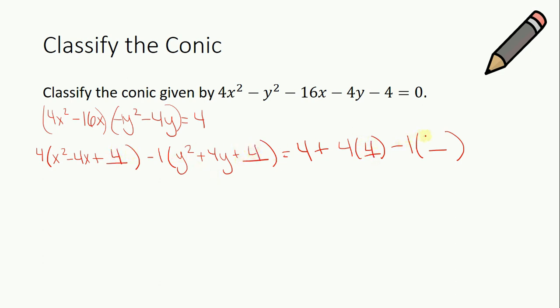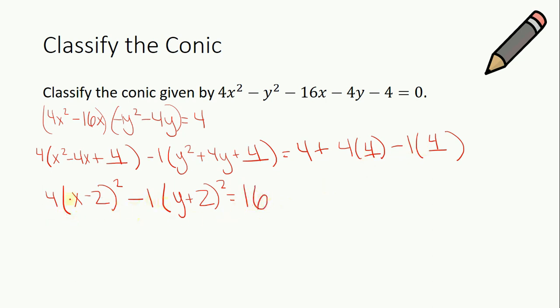Same thing here. So I have x minus 2 squared, minus 1 times y plus 2 squared, equals 4 plus 16, that's 20, minus 4, that's 16.